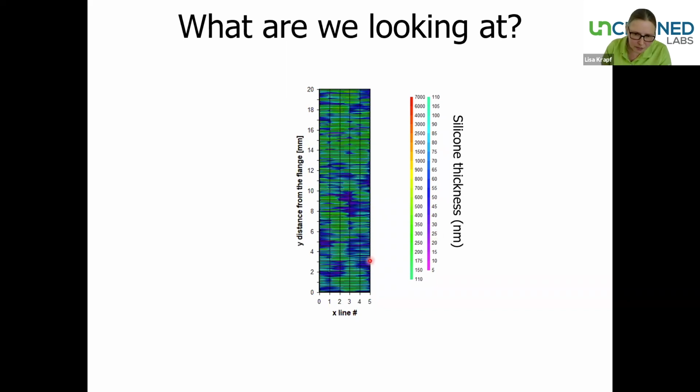So when you look at the color code, blue means rather thinner layers in the range of 40 to 60 nanometers, green the rather thicker layers in the range of a few hundred nanometers. And then we go from bottom to top in this image. We move from the finger flange along the syringe in the direction of the tip of the syringe.